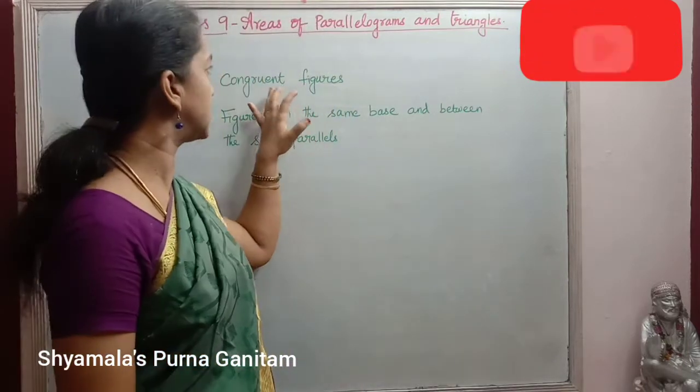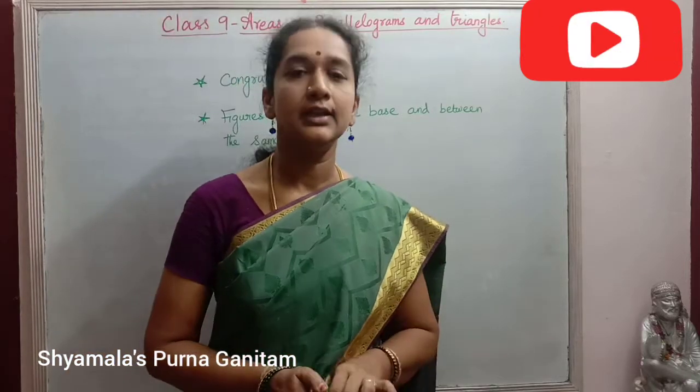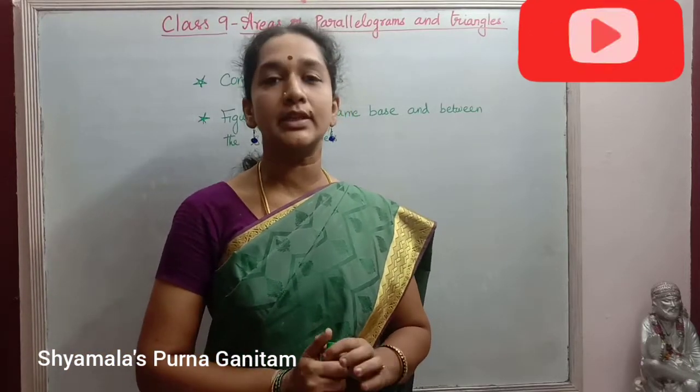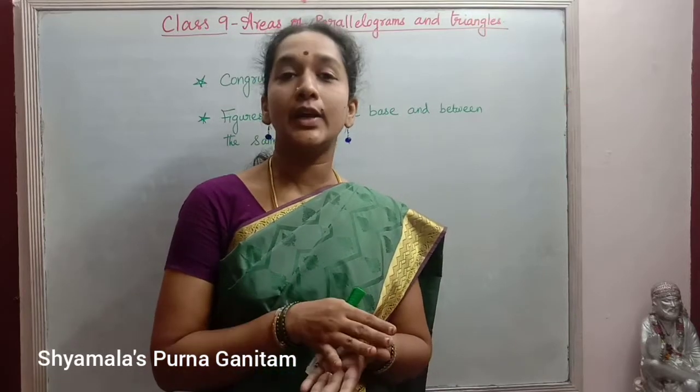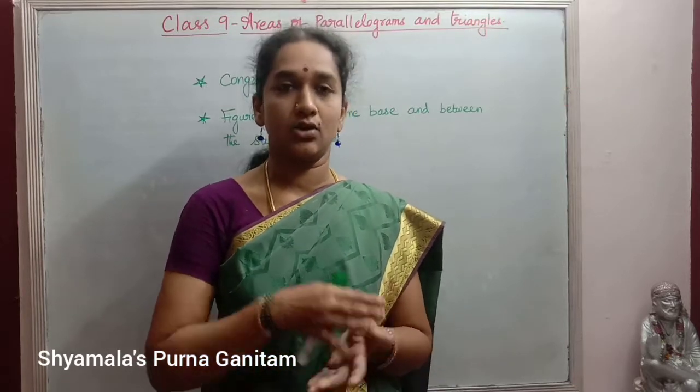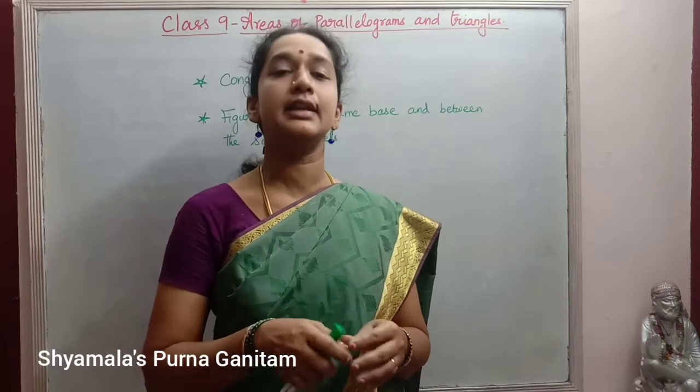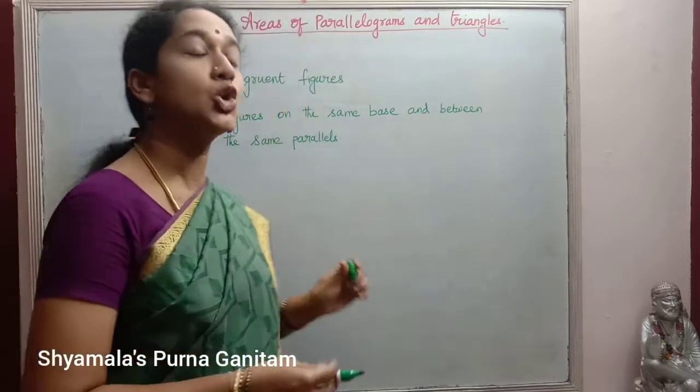Okay, so the first one is congruent figures. What is congruency? Congruency means when we take any two shapes, if they overlap one over the other exactly on all the sides, that is called congruent figures.